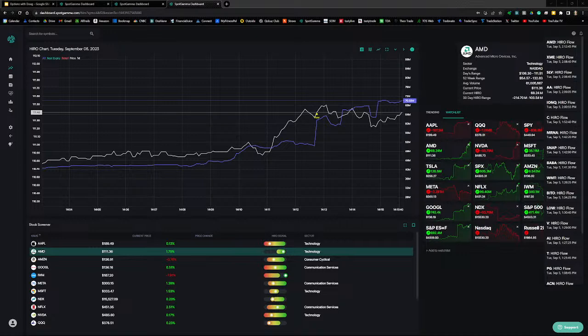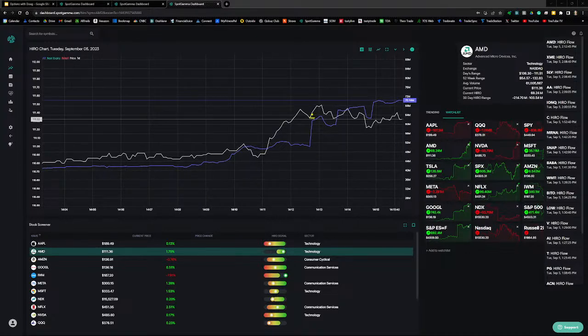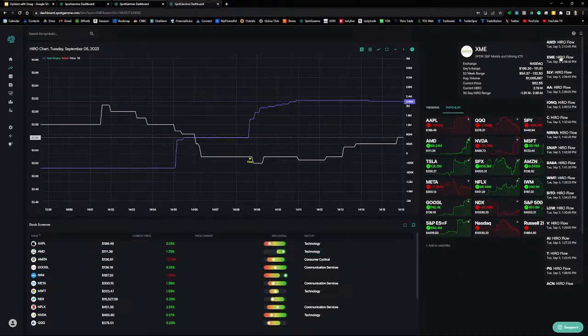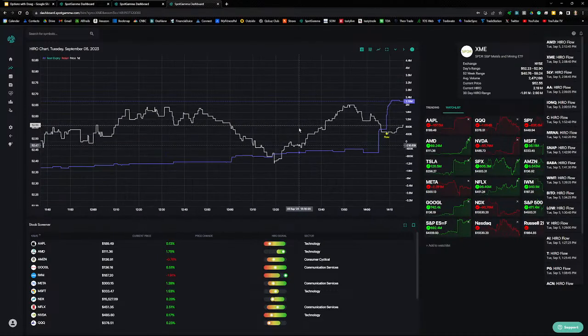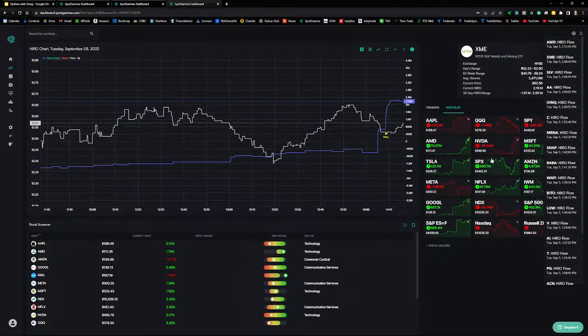All right, so this is the stock and the alert. So let's take a look at one other here. We can take a look at XME, for example. So there's the alert. I don't trade XME. There's not much options activity in XME. So that's why I have my watch list here. That's why I want to watch just my watch list.